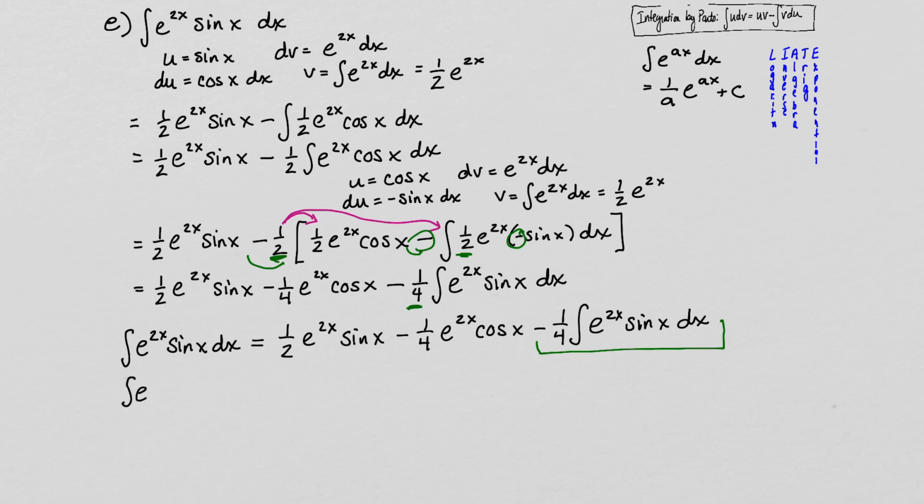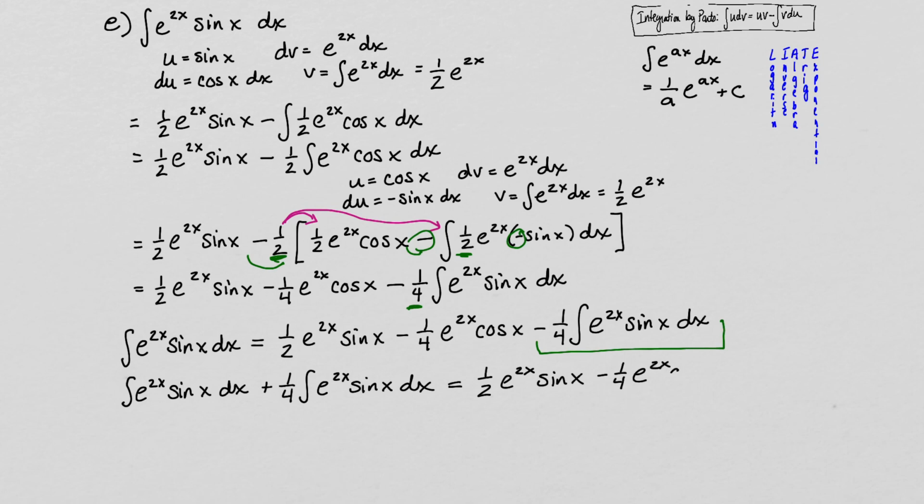So we're going to have the integral of e to the 2x sine x dx plus 1/4 the integral of e to the 2x sine x dx, and that's equal to 1/2 e to the 2x sine x minus 1/4 e to the 2x cosine x.